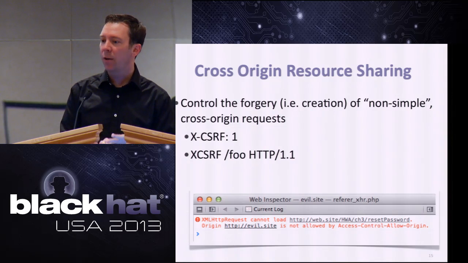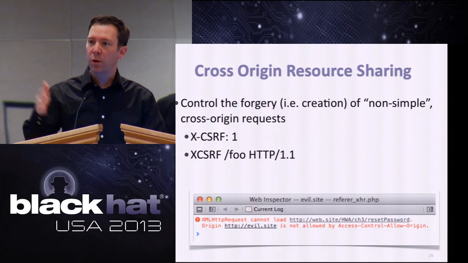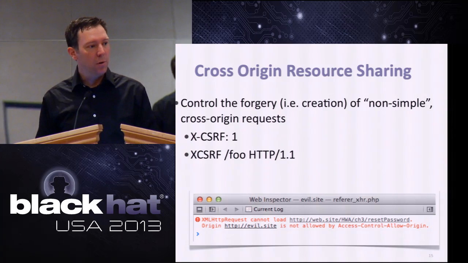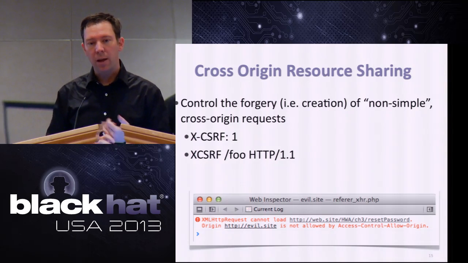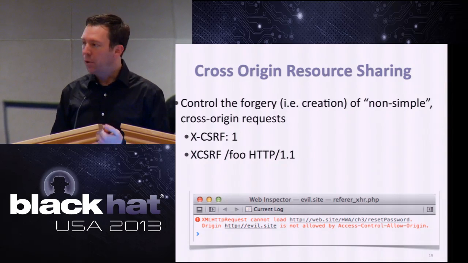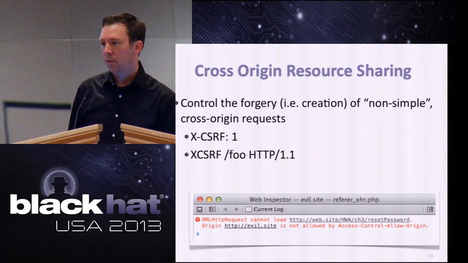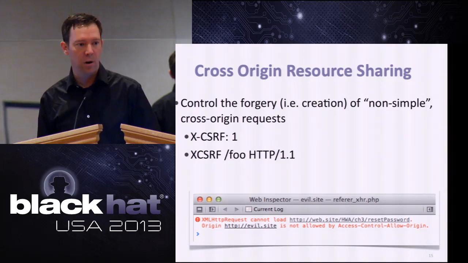And that pre-flight request is really important because it's basically saying, from one origin going to the destination origin, am I allowed to send this? And if you were to broker all of your requests on your site through an XHR request that included a custom x-CSRF header, you've effectively blocked CSRF attacks against any of those requests.